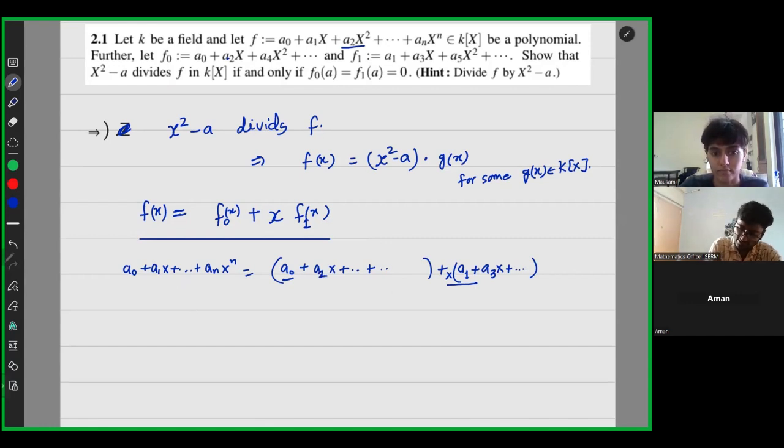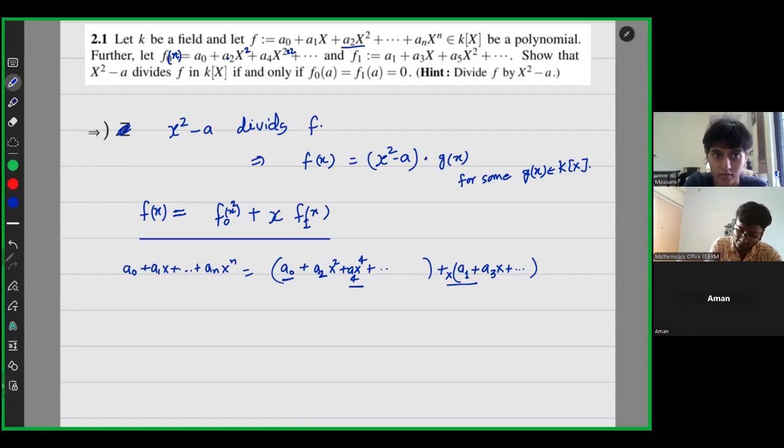So what if we change x here to x square? Everything will be squared. Like the next term will be A4 x power 4. In place of x, this was f0 of x. If you replace by x square, all the degrees will be multiplied by 2. So are we getting the same thing? We wanted A4 x power 4 in f, and that we can get from here.